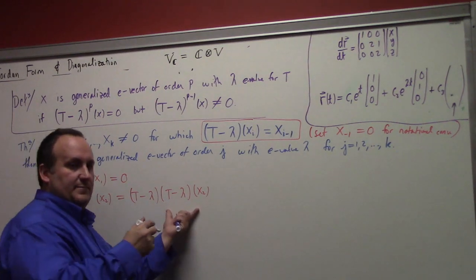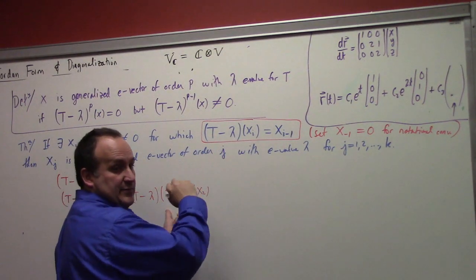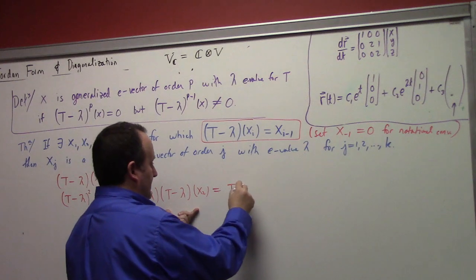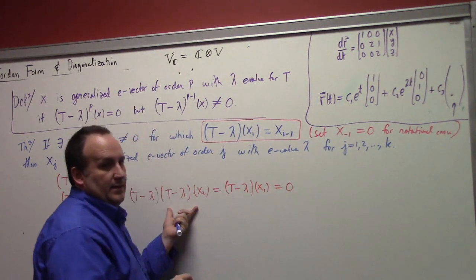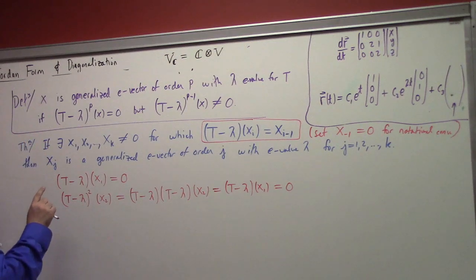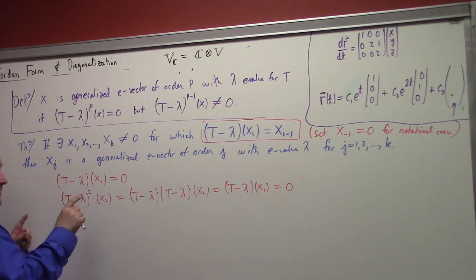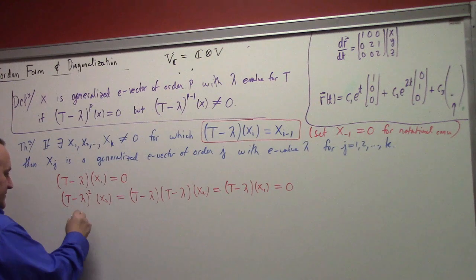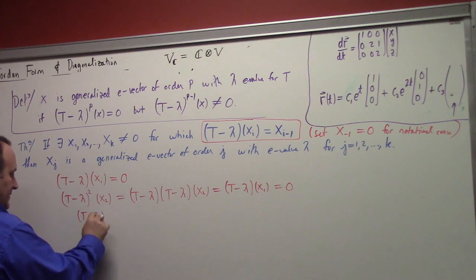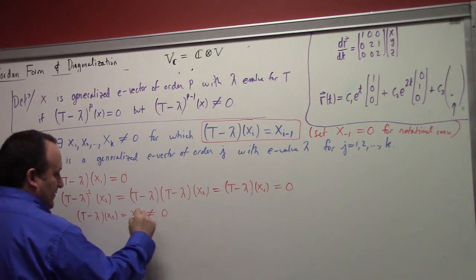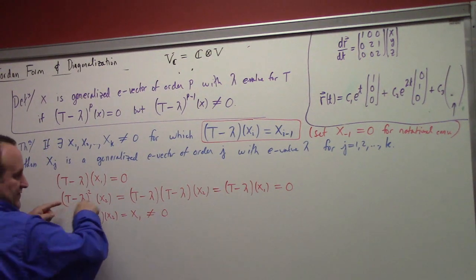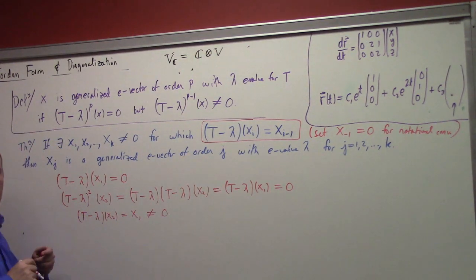But this, by assumption of the chain condition, is x1, which is 0. So we have that (T − λ) on x2 is equal to x1, which is not equal to 0, yet the square sends it to 0.